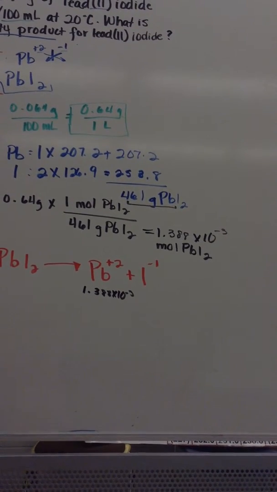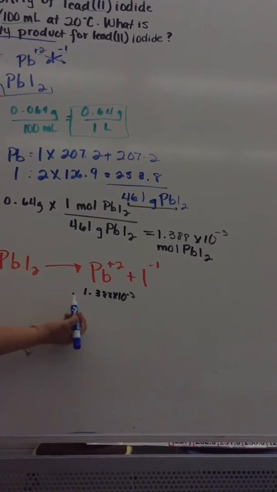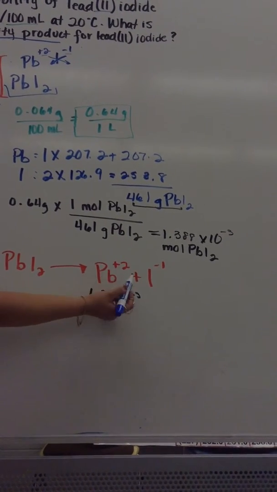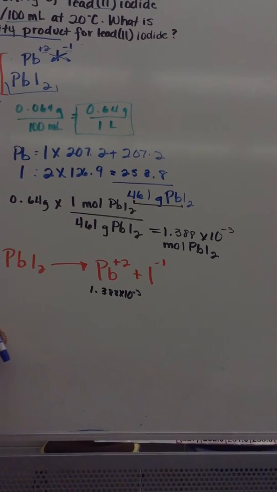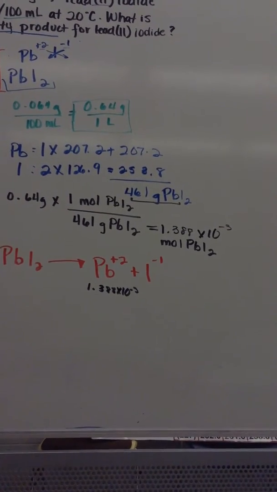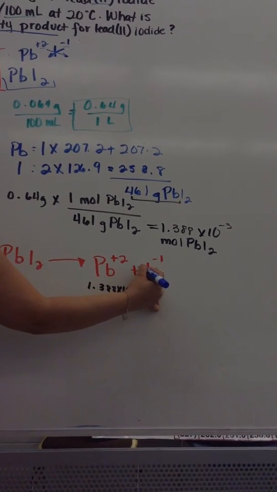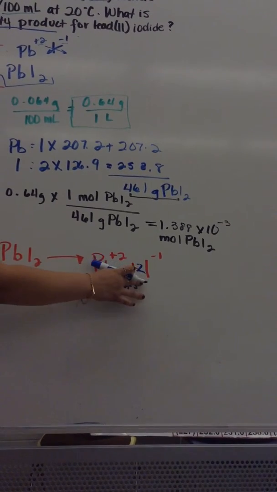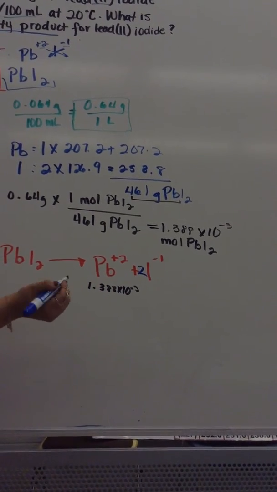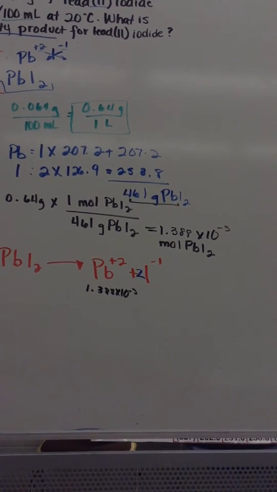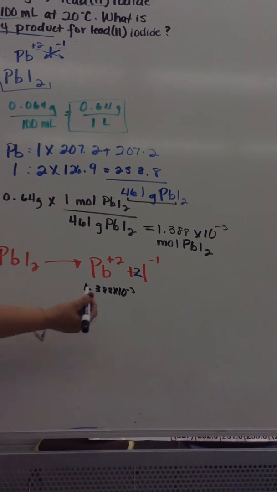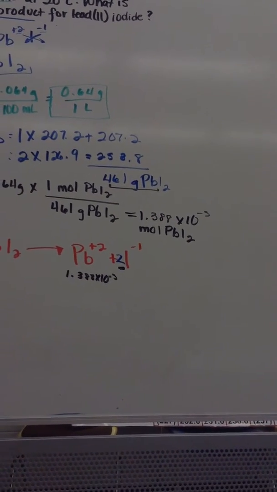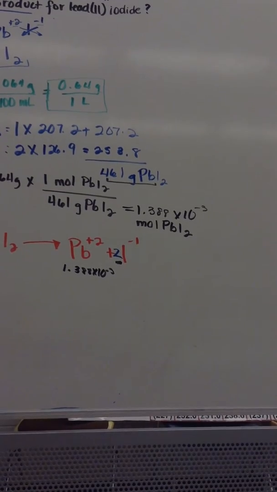And if you notice, our equation is not balanced, so we can go ahead and do that. We have 2 leads and 1 iodide. In order for this to be balanced, we need to multiply iodide by 2. This will give us 2 iodides here and 2 leads here. Now we can see that iodide releases twice the amount of lead 2.